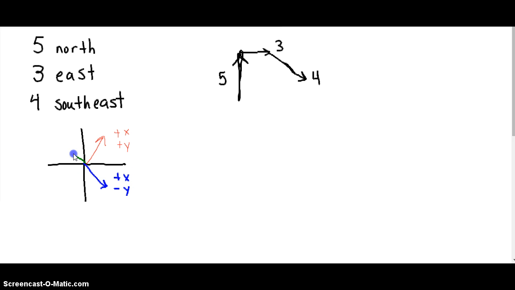If it's pointing up and to the left, it's going to have a positive y component but a negative x component. If it's pointing down and to the left, in this case it will have a negative x component and a negative y component.